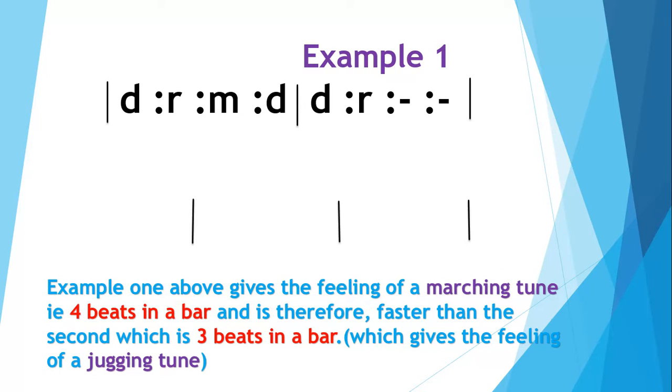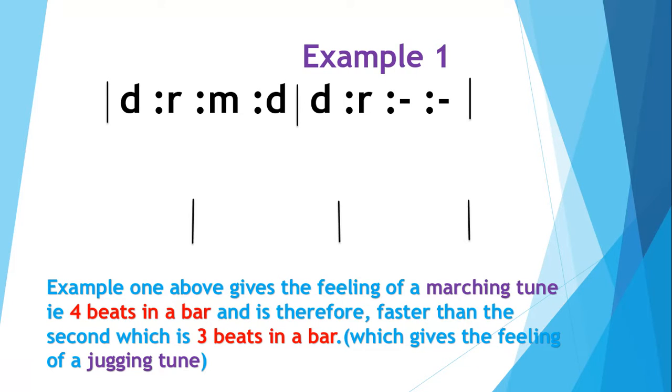There are basically two types of tone. I would like to use the word rhythm. In SOLFA or in music in general, you either have a tone that makes you want to march, or a tone that feels like jogging, like going for sport, 1, 2, 3, 4, 1, 2. Those are the rhythms we normally have in music.